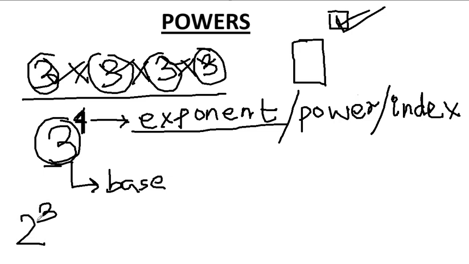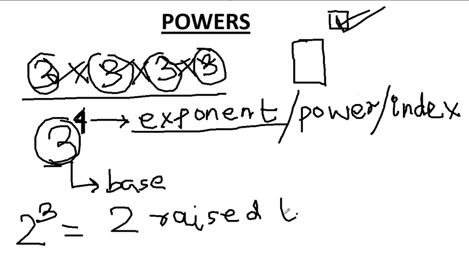Again, an example, 2 to the power of 3. We call it in this way, 2 to the power of 3, okay? Or I can call it 2 raised to the power of 3, okay? 2 raised to the power of 3.